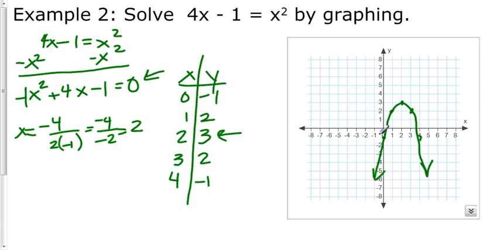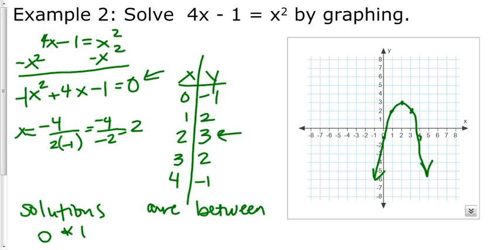So if I wanted to write my answer, I could say that the solutions are between 0 and 1, and there's another solution between 3 and 4. And again, you can see that on the graph here between 0 and 1 and 3 and 4. You can also see it on the table because whenever it switches from a negative to a positive, you know at some point in there it crossed 0.